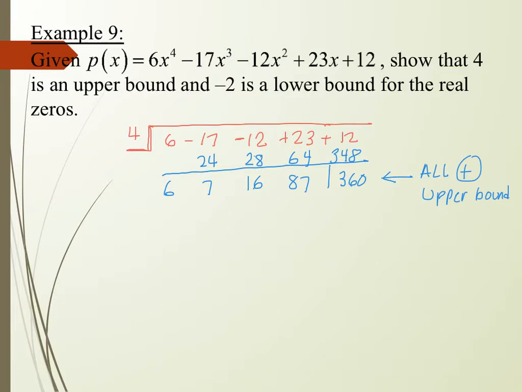So suppose I have -2 and 6, -17, -12, 23, and 12.